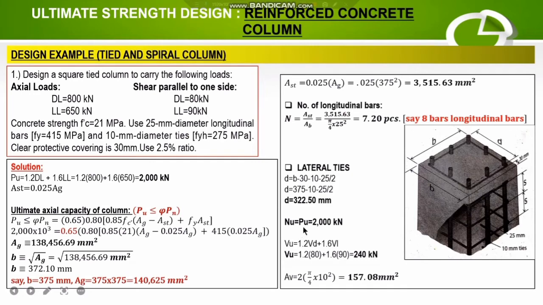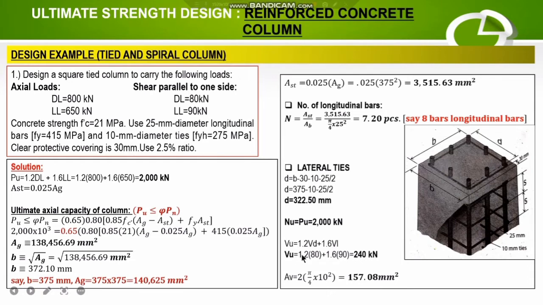Then NU is equal to PU, which is equal to 2000 kilonewtons. So we have already solved for our ultimate load of 2000 kilonewtons. Then, since we are also given the shear loads parallel to one side, the factored shear V sub U is equal to 1.2 V sub D plus 1.6 V sub L. The same load combination based on the 2015 NSCP if we are given dead load and live load, but in terms of shear.